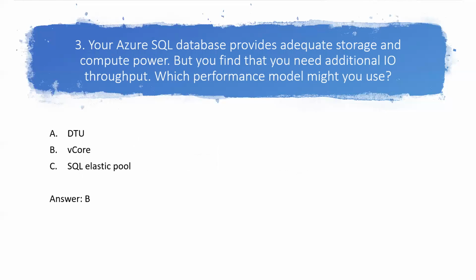Let's talk about DTU. DTU, or Database Transaction Unit, provides a simple, pre-configured purchase option. To increase I/O throughput, you would need to move to a higher tier that also increases your storage and compute power, things you don't need.